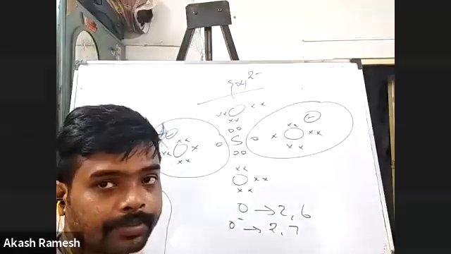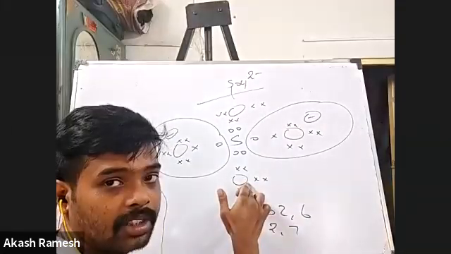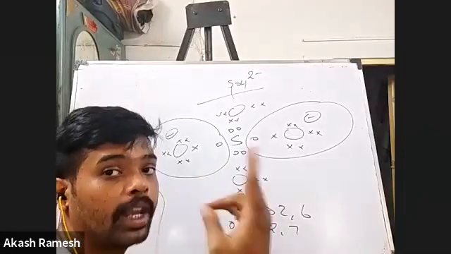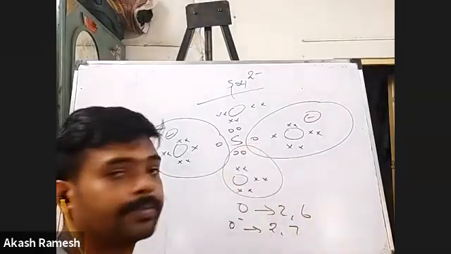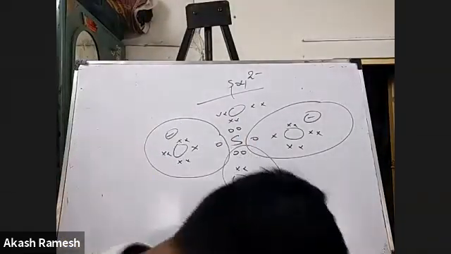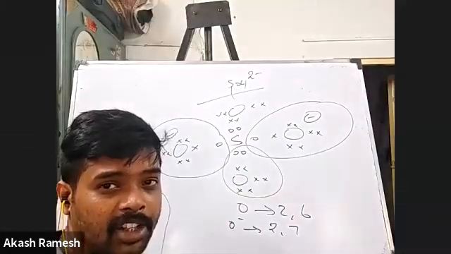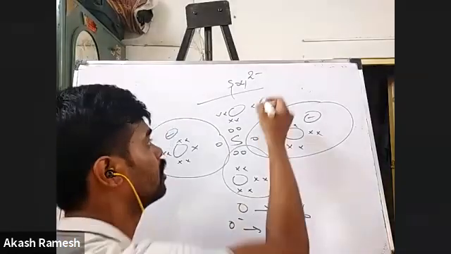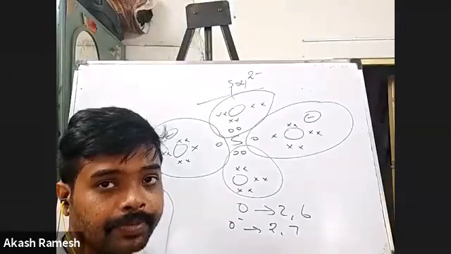Done. Now this oxygen atom has 6 electrons in the valence shell. It requires 2 electrons, right? So obviously it will take these 2 electrons from sulfur. And lastly, this oxygen atom also has 6 electrons in the valence shell. It requires 2 more electrons, so it will take these also.